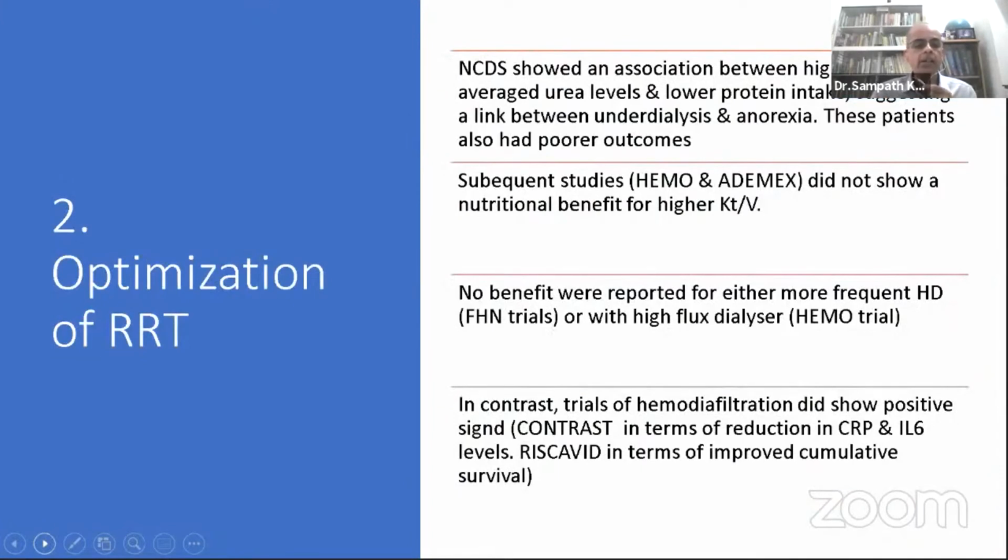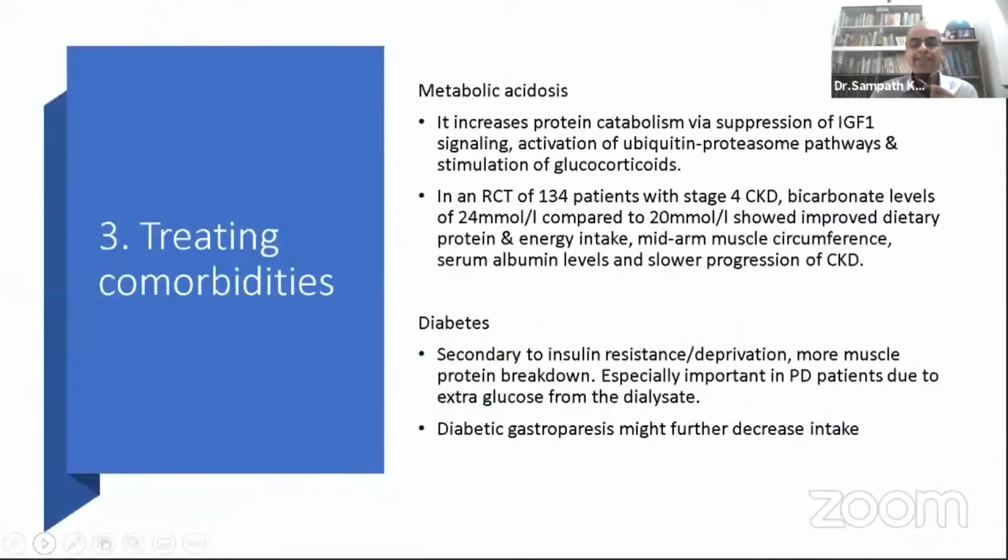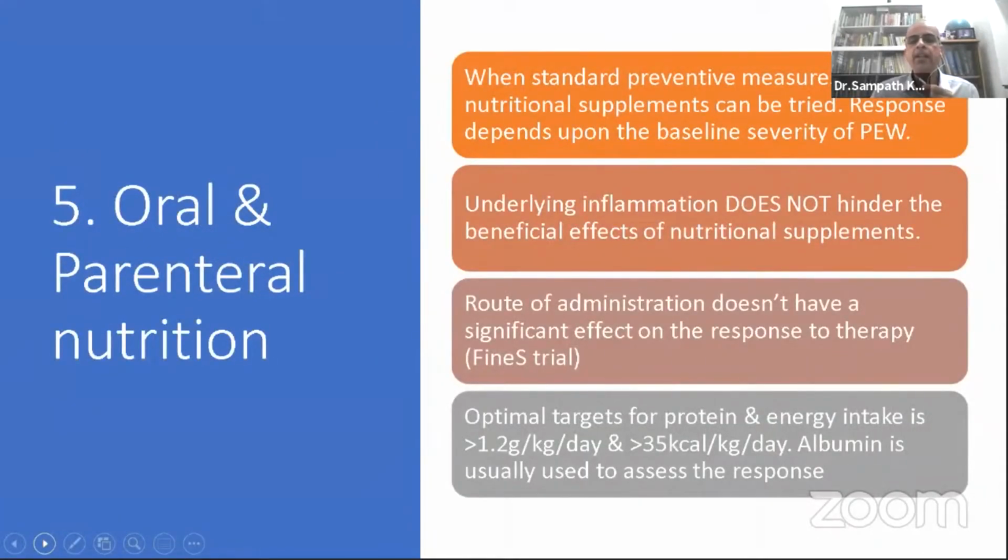Optimize the renal replacement therapy; we have some studies coming up from Europe about hemodiafiltration, like CONTRAST and Riscavid, where it has been shown that these molecules are reduced and nutrition has improved. Comorbidities have to be treated, along with oral and parenteral nutrition.